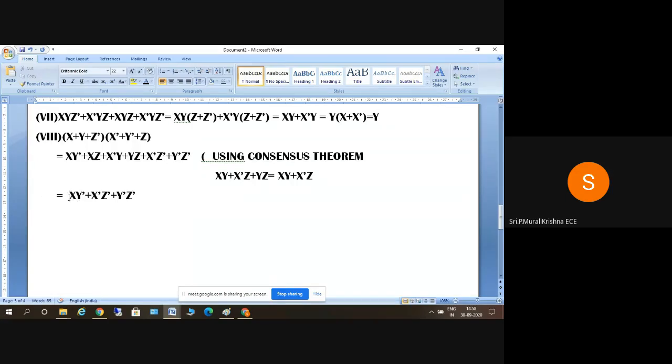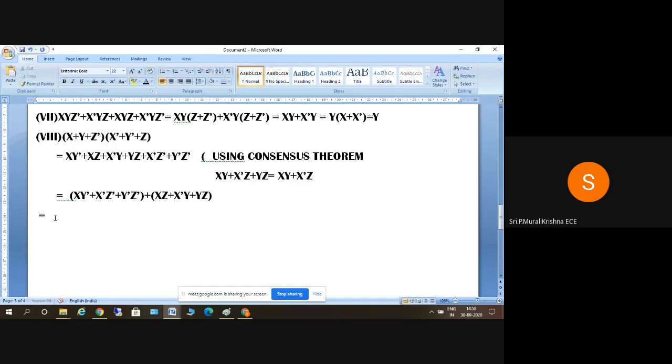I can take this as one part of the consensus theorem. Plus another section will be xz plus x bar y plus yz. We will see how to work this in terms of the consensus theorem. These two can be minimized with the help of the consensus theorem.